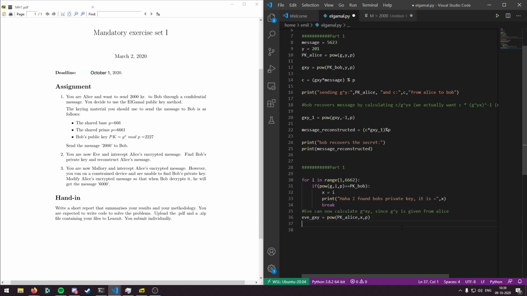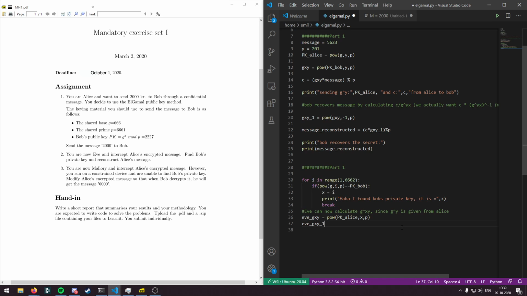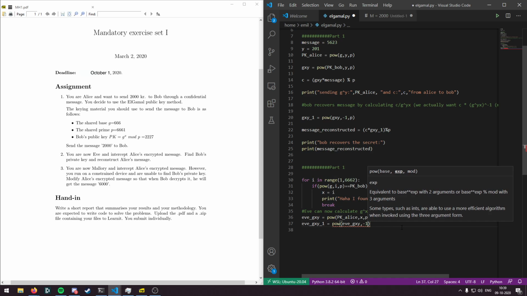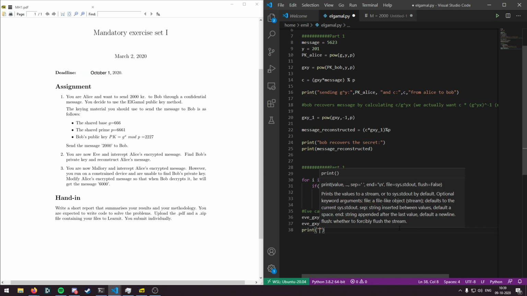And then let's take Eve gxy, the modular inverse, equal to pow Eve gxy, comma minus 1, comma p for the modular inverse, and let's print some stuff.